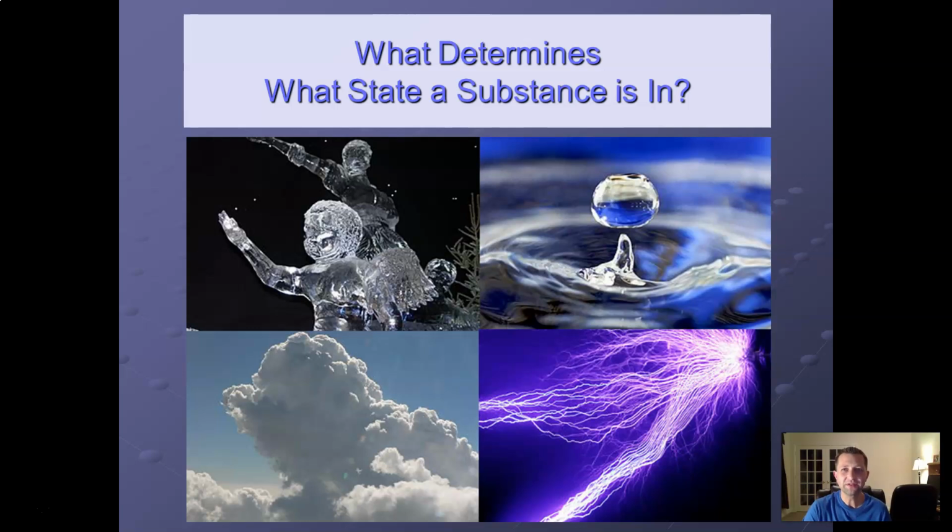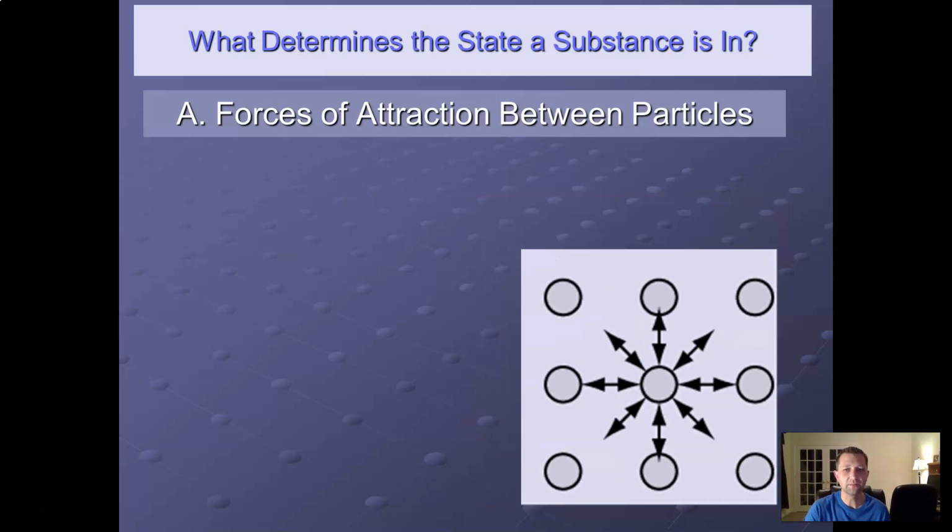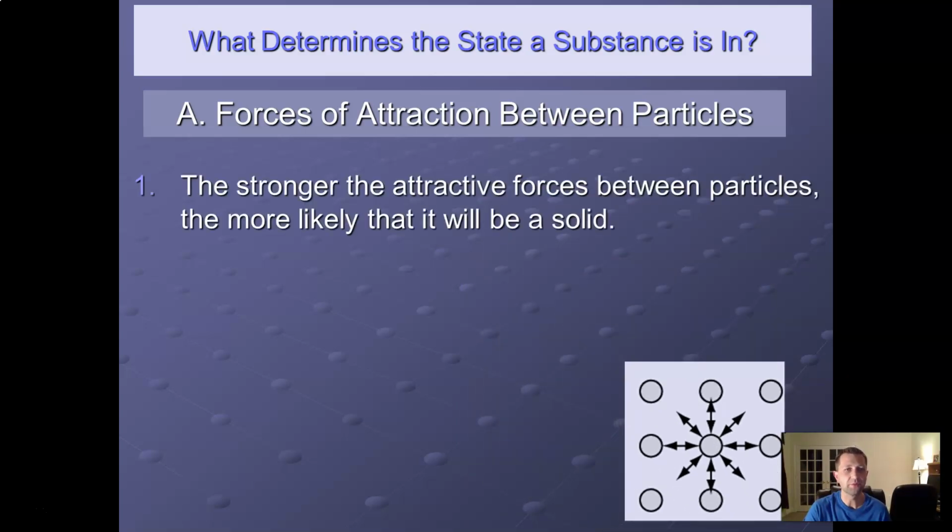So, what determines what state of matter a substance is actually in? That's where intermolecular forces come into play. Forces of attraction between particles is one thing that determines what state of matter a substance is in. There's something else which we'll get to in a couple minutes. The stronger the attractive forces between particles, the more likely it will be in the solid state.